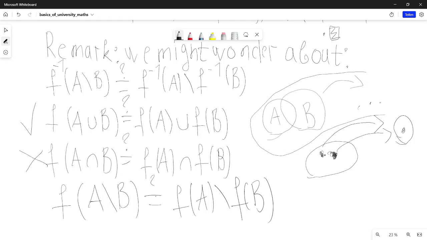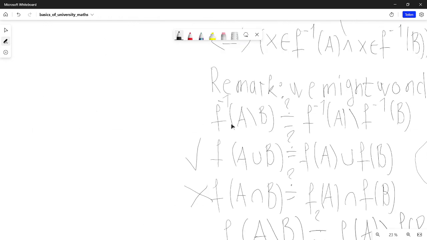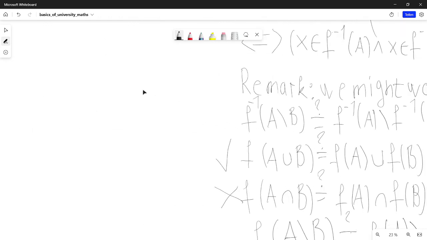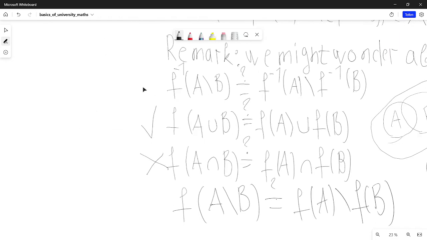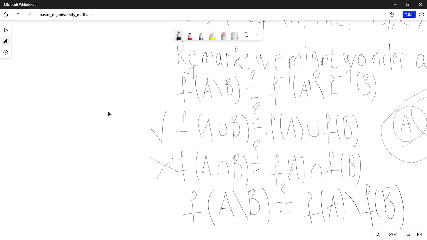Now let's think about this one. We have A without B, and we'd like to have f minus 1 of A without f minus 1 of B. Okay. Let's see if it works.